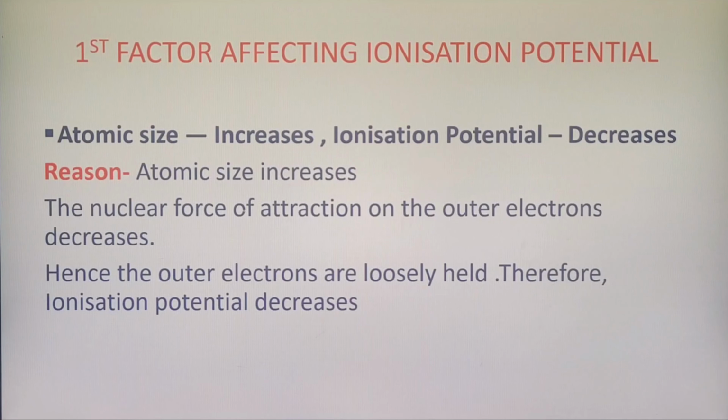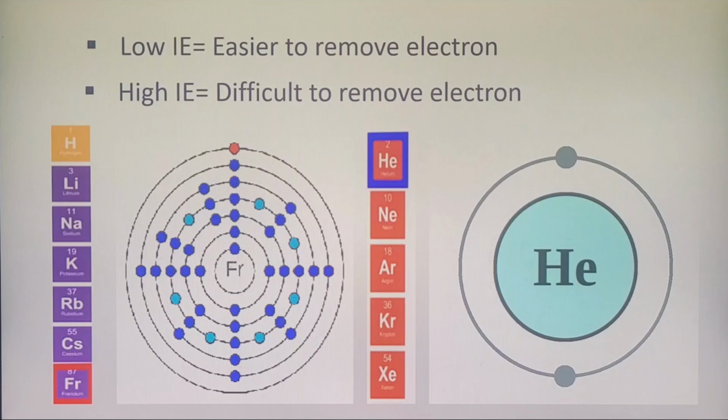Okay, so now let's delve into the factors that are affecting ionization potential. Now, as I told you, don't remember this as potential. Remember it as energy. So, what is the first factor, children? The first factor affecting ionization energy is atomic size. I just now showed you a diagram. The larger the atom, can you see here, children? The bigger the atom, less energy is required to remove an electron.